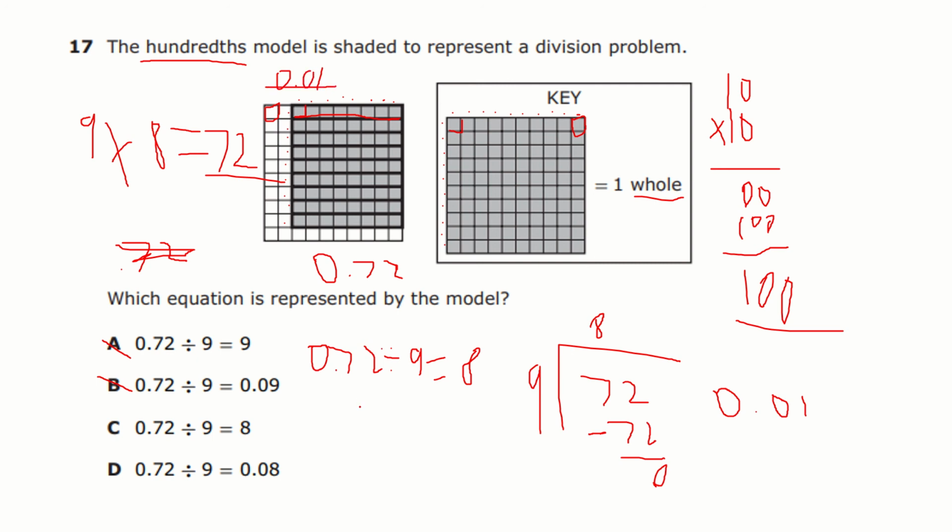And so 8 of those smaller blocks out of 100 is 0.08. Meaning we can eliminate this one, and our answer would be D: 0.72, these 72 small blocks, divided into 9 equal rows, is equal to 0.08, 8 of these smaller blocks per row.